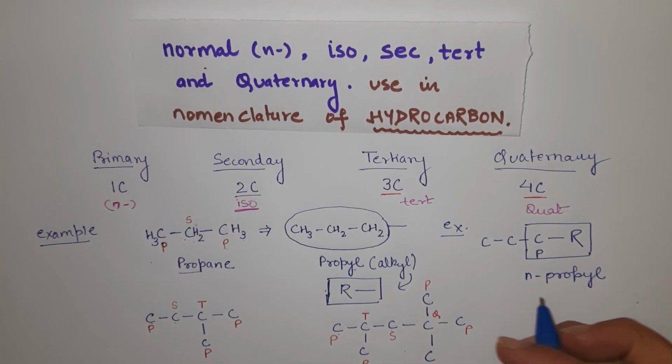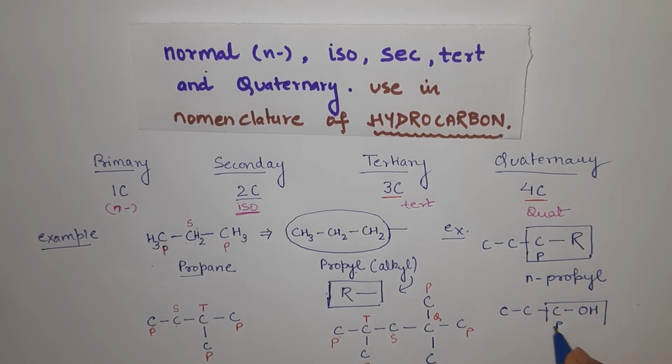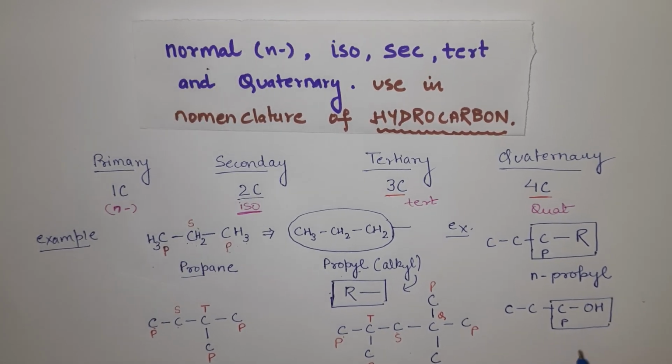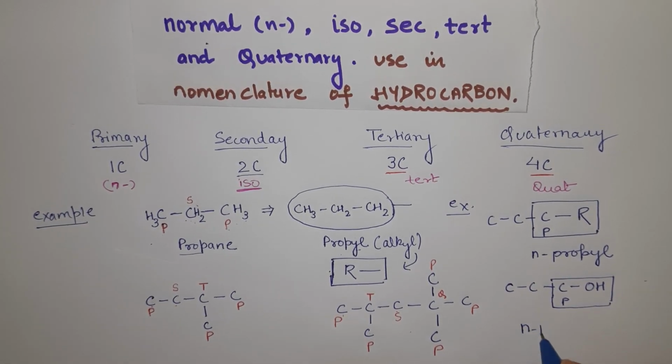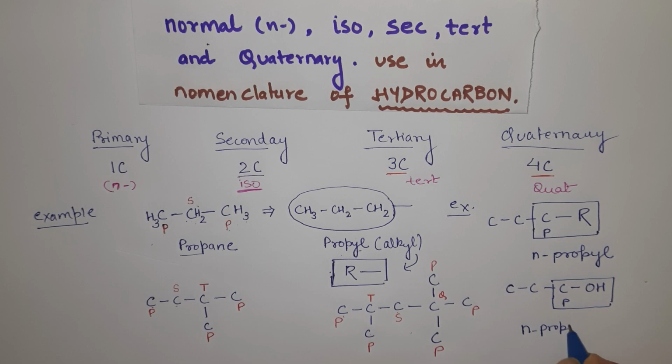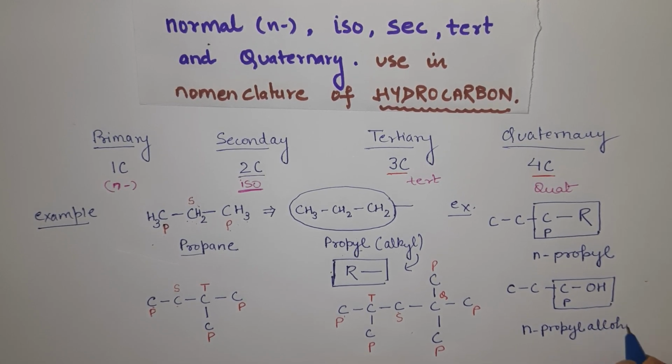Okay, and if any functional group is attached to the primary carbon, so the name of this compound will be N-propyl alcohol.